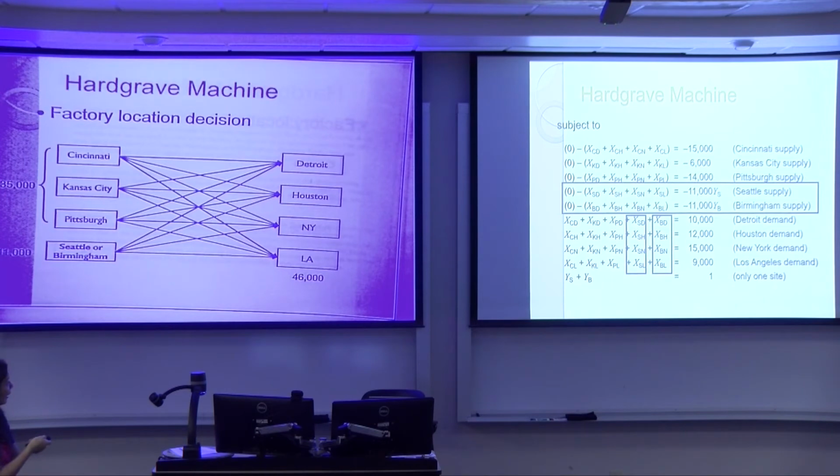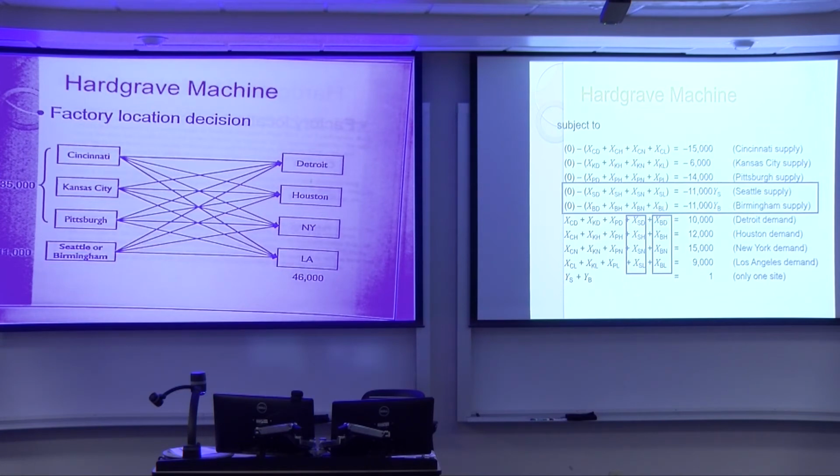But for the Birmingham supply, why do we have this? Similar, right? If YB equals 0, that means Birmingham is not selected for the new plant.